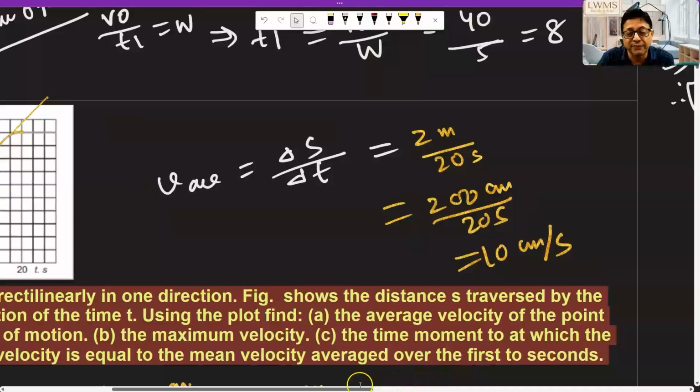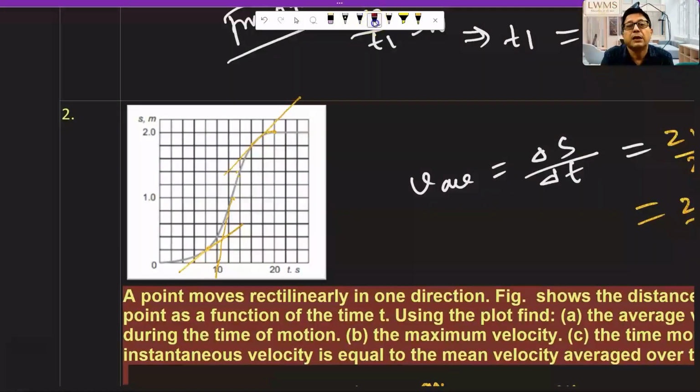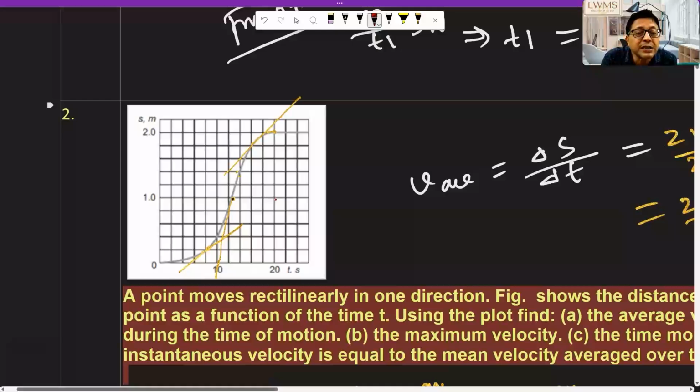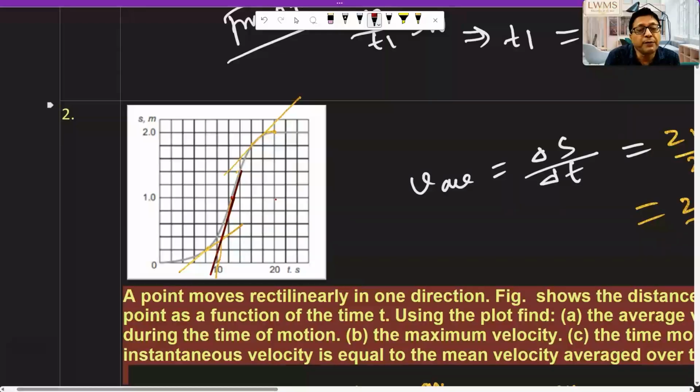If I make it bigger for you, then you will understand better. Think, at this point it is steeper than any other point. Okay? So at this point, you have to find the slope of the tangent. From this point, draw a perpendicular. Then you can find the slope of the tangent.